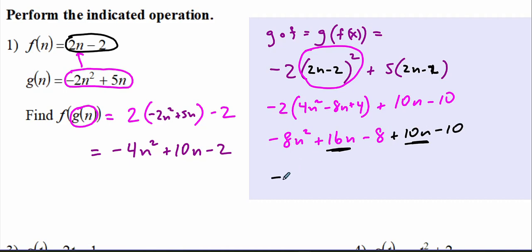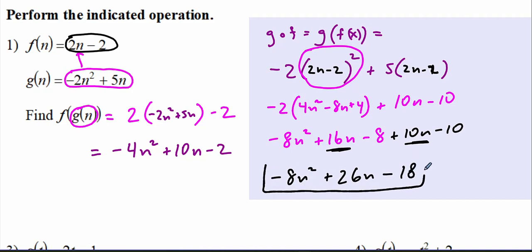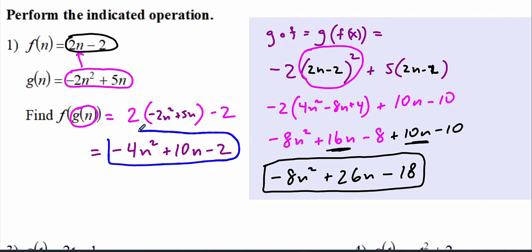So this is negative 8n squared. They combine to be 26n, and these combine to be minus 18. And unless I made a silly mental mistake, this is correct. Notice it is a big difference, right? There is a big difference between the two. This one versus this.